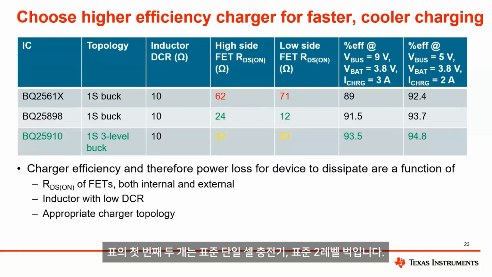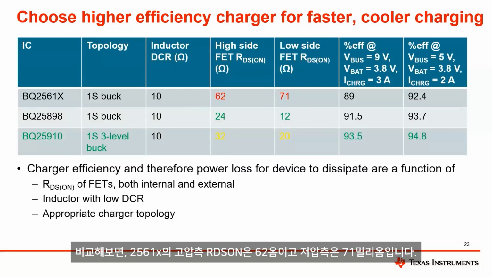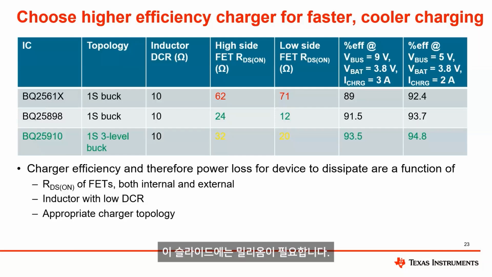The first two in the table are just standard single cell chargers, standard 2-level buck. Comparing them, you can see that, for example, the 2561X has a high side RDS(on) of 62 milliohms and a low side of 71 milliohms. Excuse me, that slide needs to say milliohms.